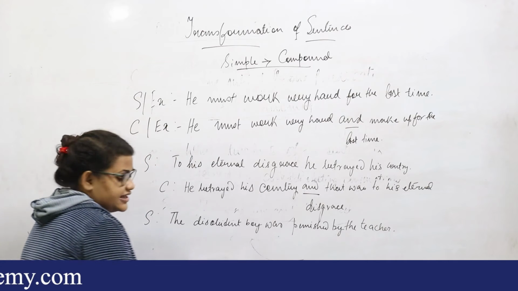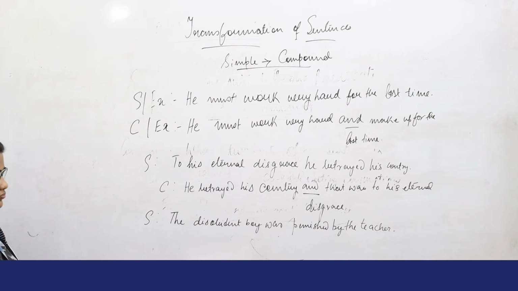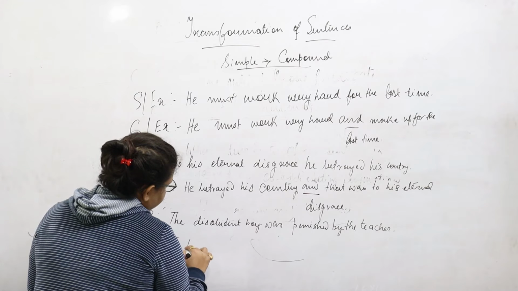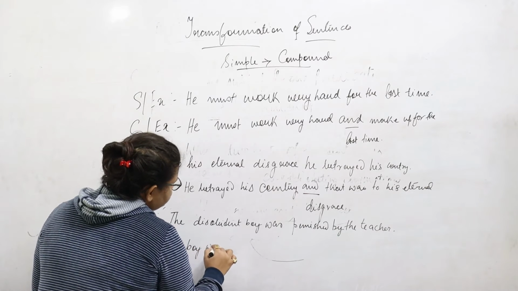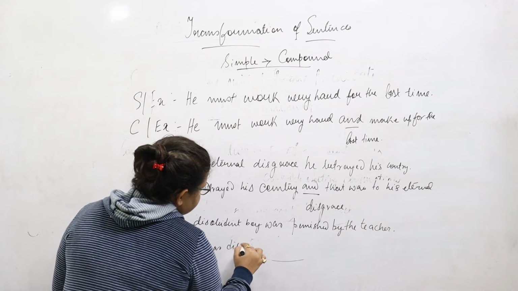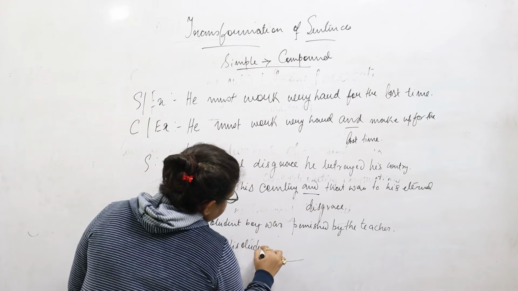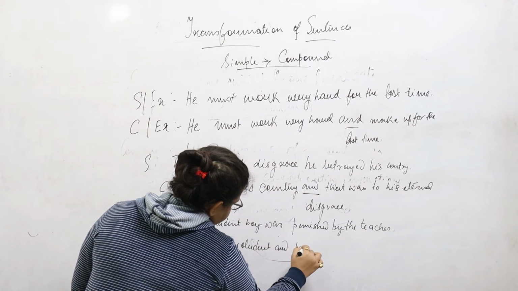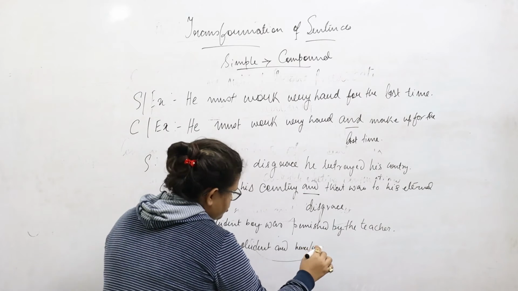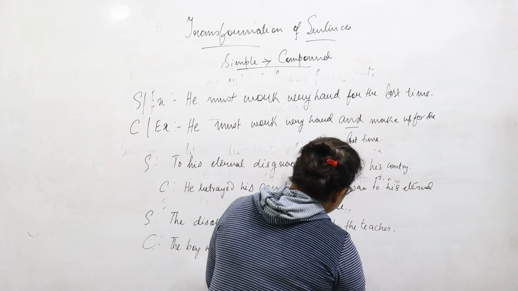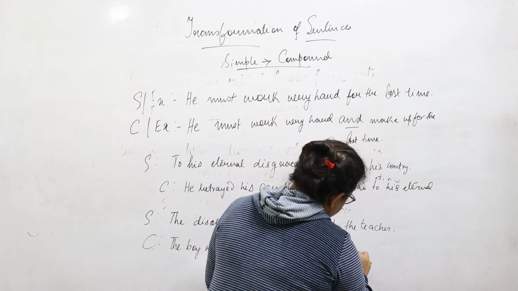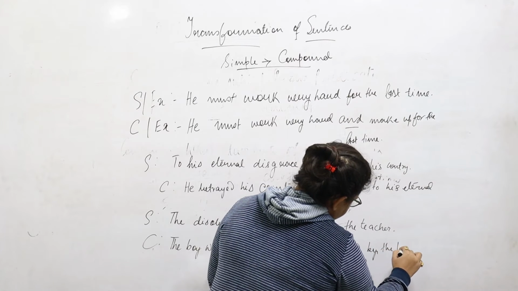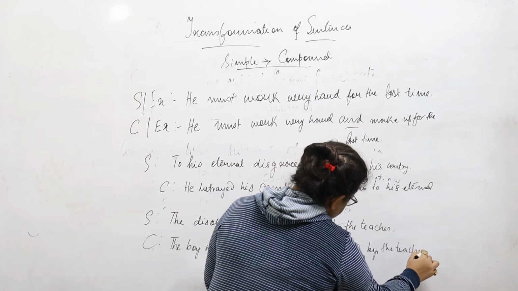If this sentence gets transformed into a compound sentence, it becomes, the boy was disobedient and hence, or so, or therefore, anything, punished by the teacher.